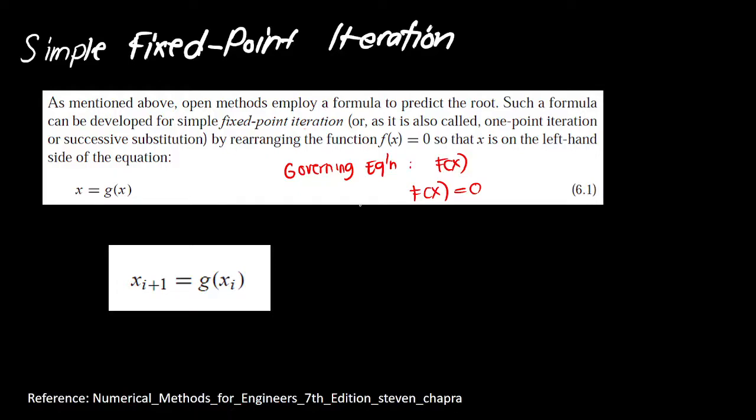So what happens now in simple fixed point iteration is you will create a new formula. So that formula will be your iteration equation that you will use every time for every iteration. So let's just say you will split your original function, your original function is the f of x, to g of x. So the new function plus the extracted variable x.